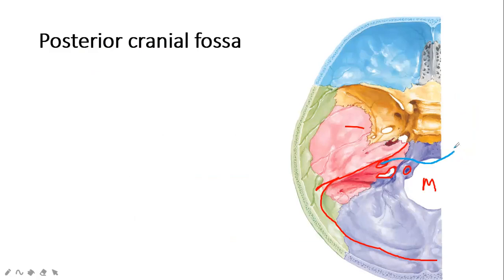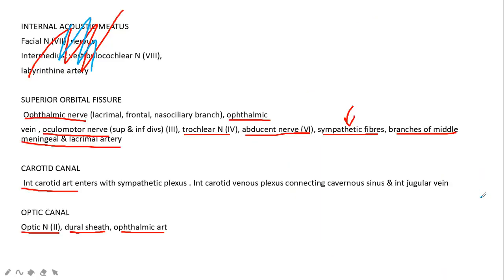That is the vestibulocochlear nerve, cranial nerve number 8. Are we together? And then on top of that, it transmits an artery that is called the labyrinthine artery, the artery to the internal ear. All right. So that is that.